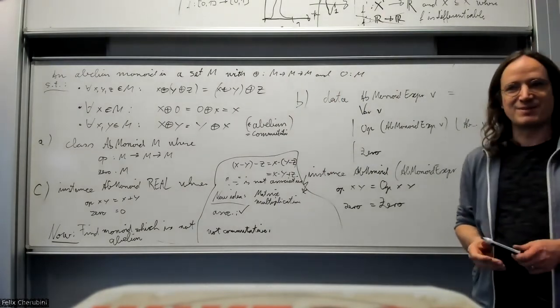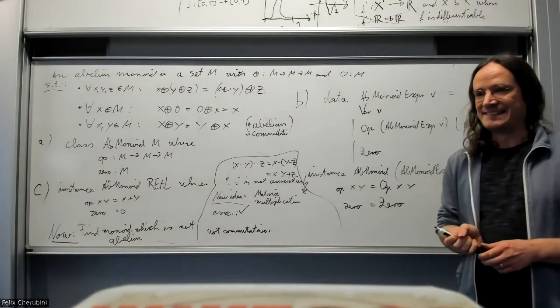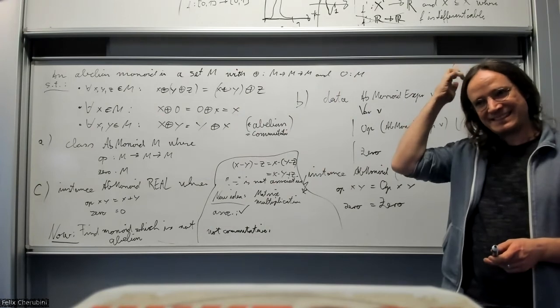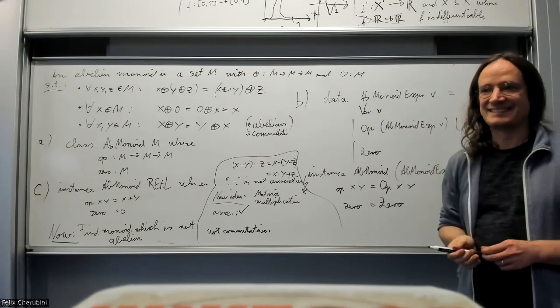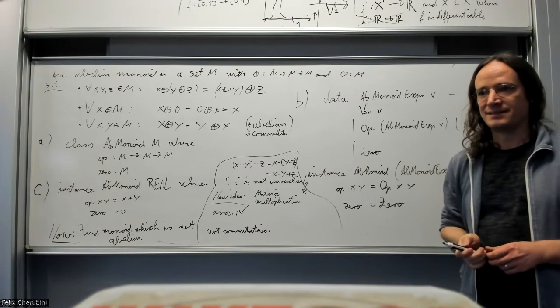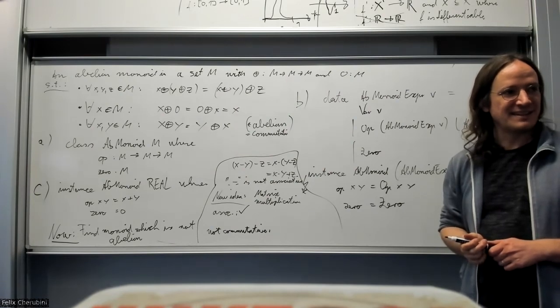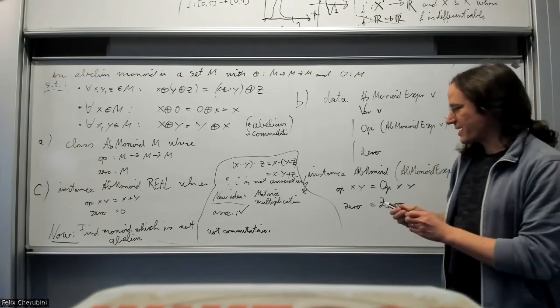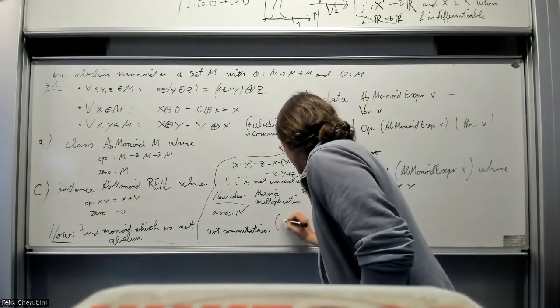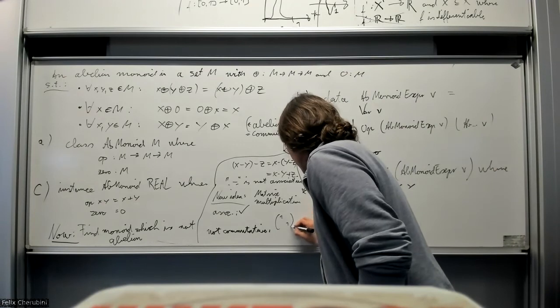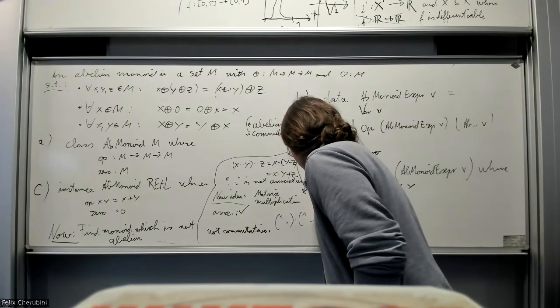Any idea how to come up with one? I think you have the identity matrix and also the identity matrix except one of the diagonal elements is negated. It might not be commutative. Okay, that might be a nice simple example. So let's try that.